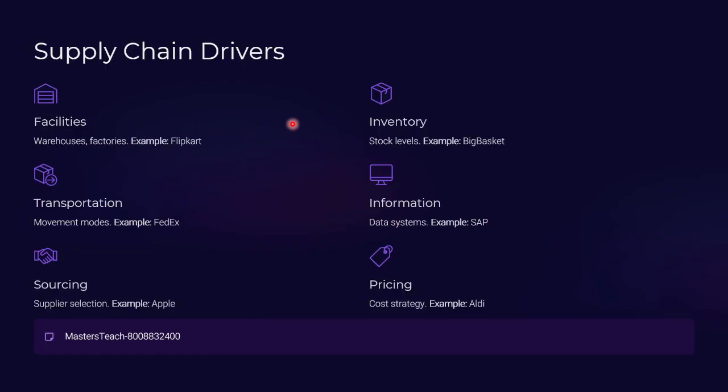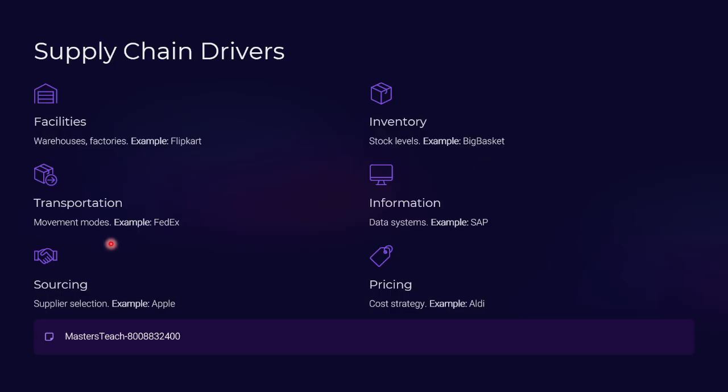Okay, then supply chain drivers. These are the drivers: facilities, inventory, transportation, information, sourcing, and pricing. So facilities include warehouses, where goods will be stored, and factories, example Flipkart. Inventory is like stock, and when the customer orders, they simply transfer immediately, for example BigBasket.